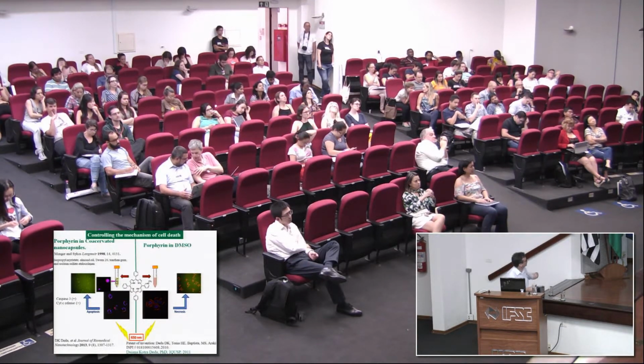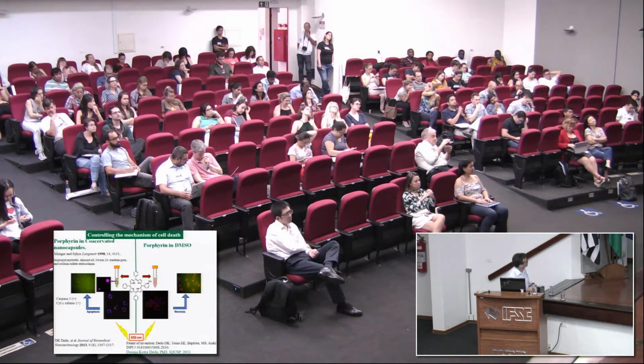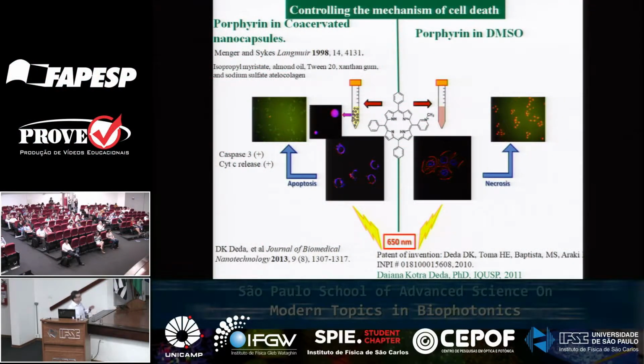You see it gets released inside the cell, and inside the cell it is positively charged, so it was very likely to go to mitochondria, and it goes. And if you shine light, we now have very clear features of apoptotic cell death. So we see caspase 3 release, we see cytochrome C release, and this is an annexin response. Annexin, again, is a marker of apoptosis because there is a lipid that is expressed in the external membrane when there is apoptosis.